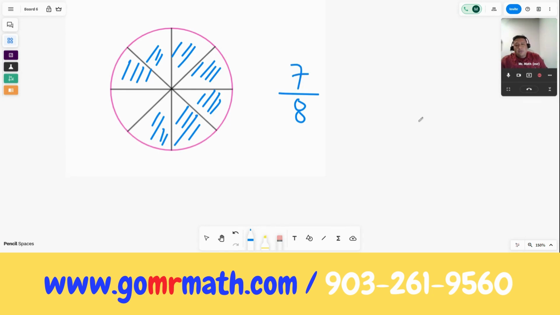Now the question is, how do we transform this 7/8 to a percentage? And this is the next part. Okay, the one in yellow is remaining. If we had 7/8 that we take, how many pieces are remaining? 1, right? So we have 1/8 that is remaining.